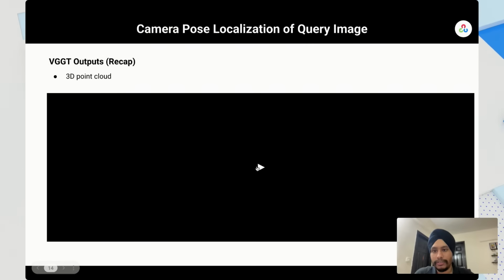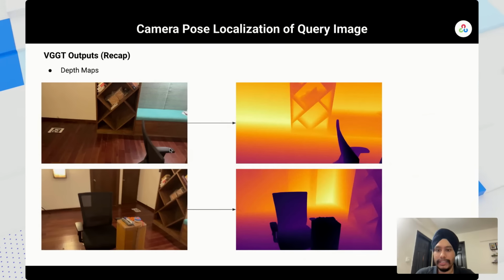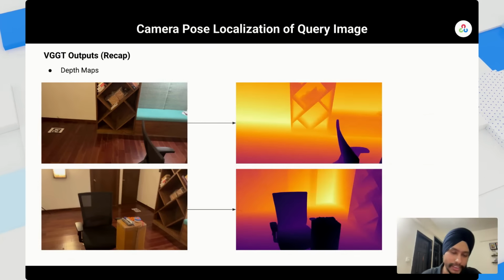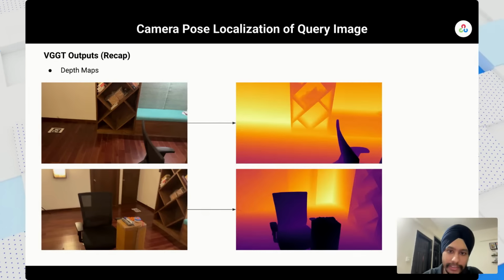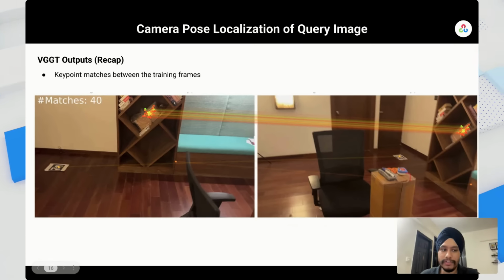So just a recap on the outputs of VGGT. One is the point cloud. This I think we have already seen. Then it's the depth maps. These are two example images of the same room for which we were seeing the reconstruction. Then these are the key point matches between the training frames.